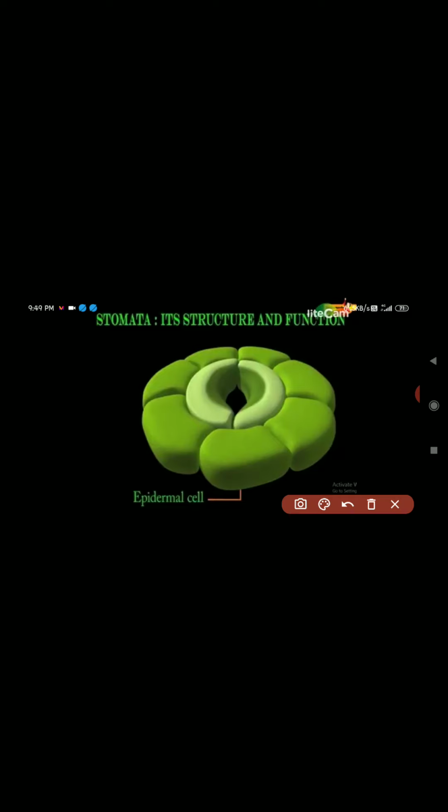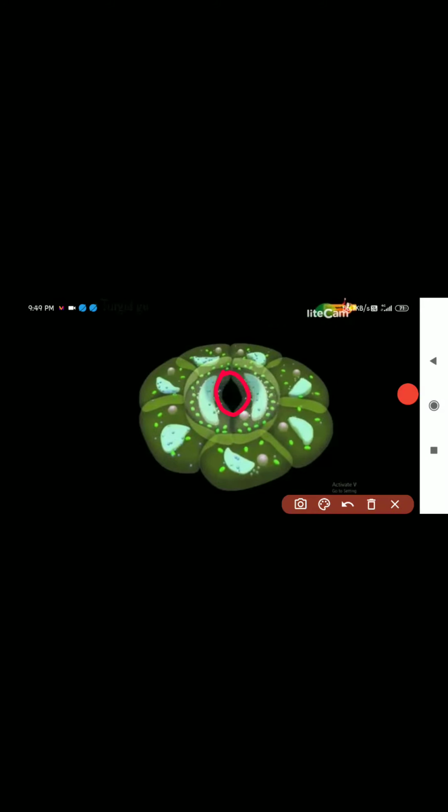Your stomatal pore gets closed in order to prevent the loss of water. Like this, it gets closed so that the water cannot be lost from the plants. Not only that, the gaseous exchange also takes place through the stomatal pore only.